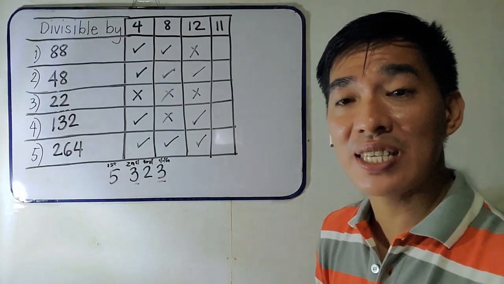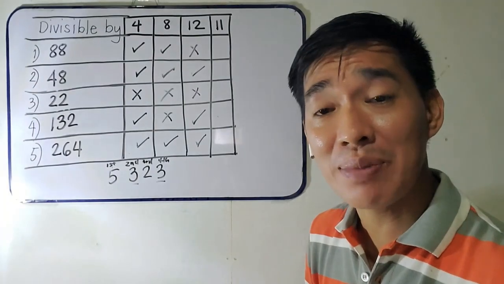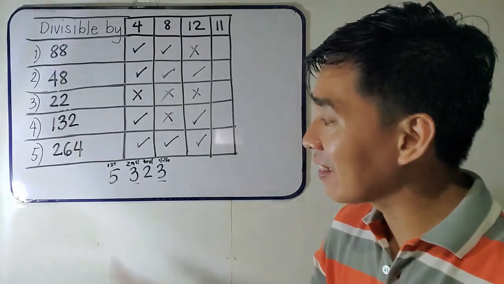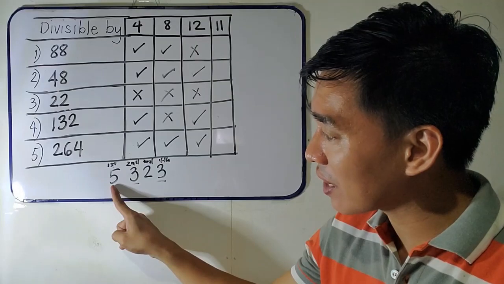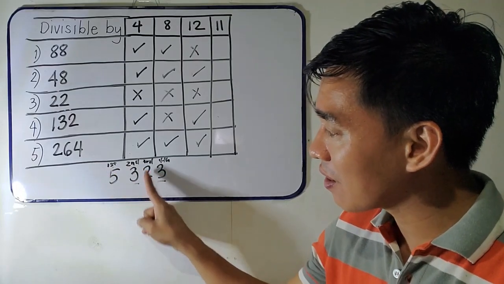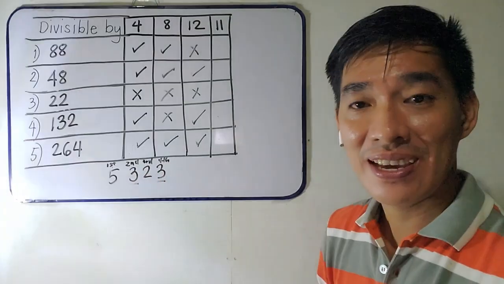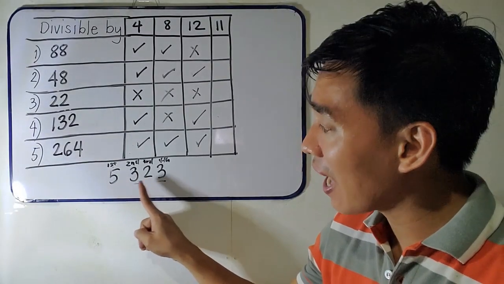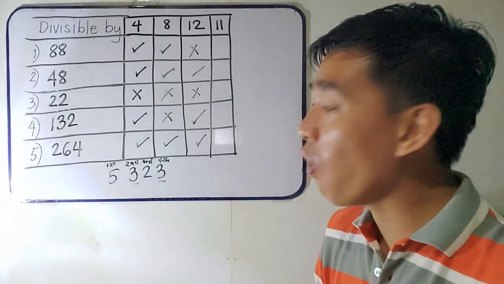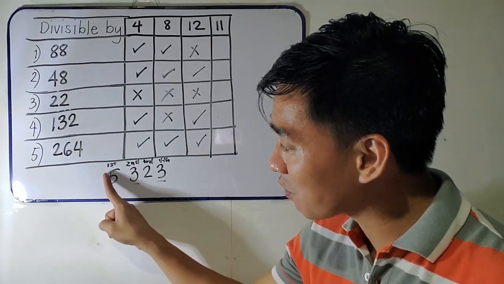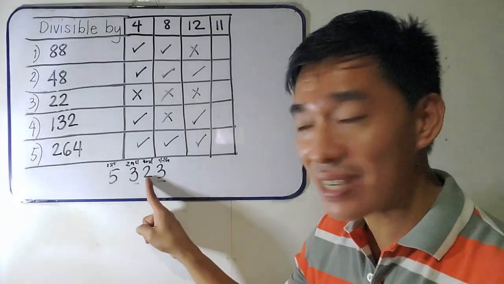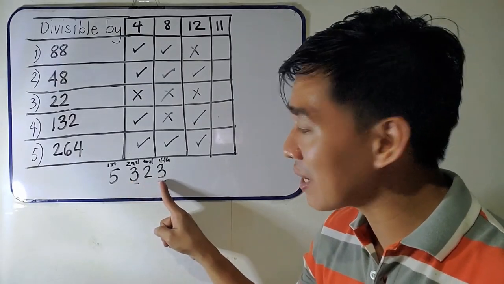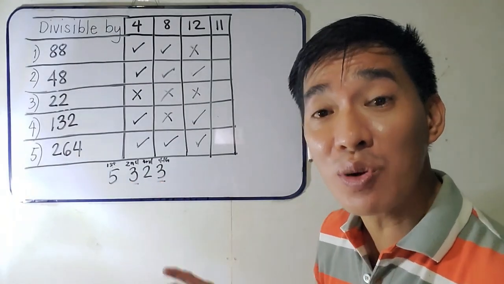5,323 as our example for divisibility rules of 11. I label the first digit here as first, second, third, and fourth. The digits are placed in odd places and even places. All odd places such as first and third places, and second and fourth places for even places, are grouped together.